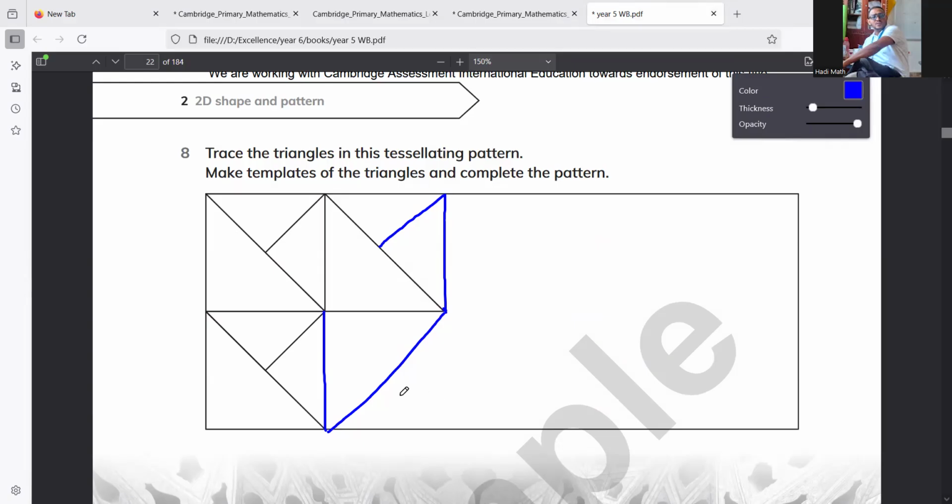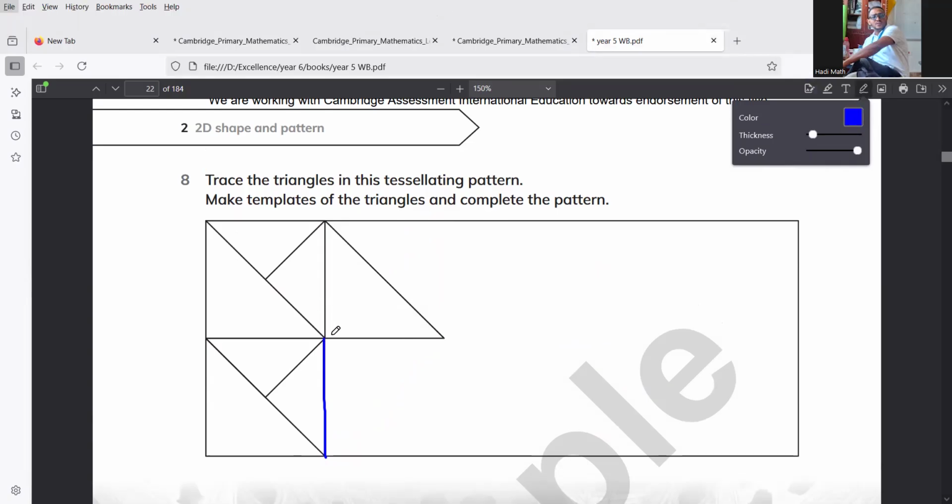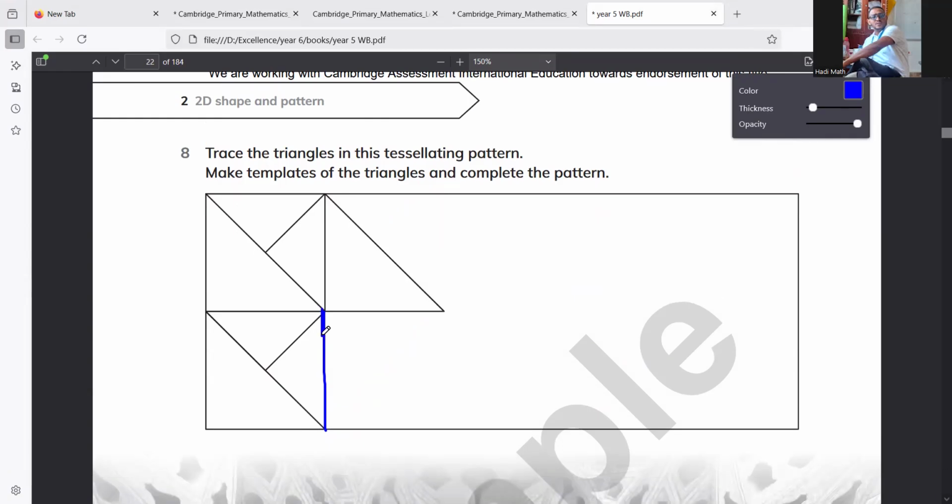So with the same idea, for this one you complete it this way. Then for this one, go and do this one over here. Join this one, continue it, going there. Then for this one, you come down this way.